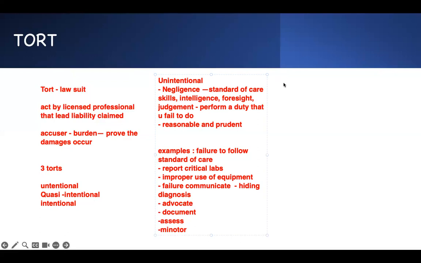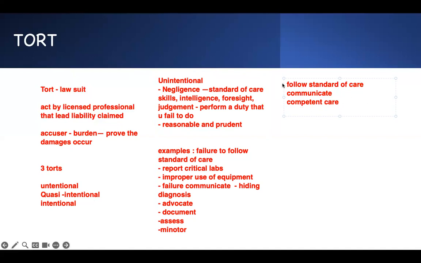Therefore, how do you avoid this? Well, follow standard of care. Communicate with people. If you see something, provide competent care. That's how you can avoid being negligent, right?